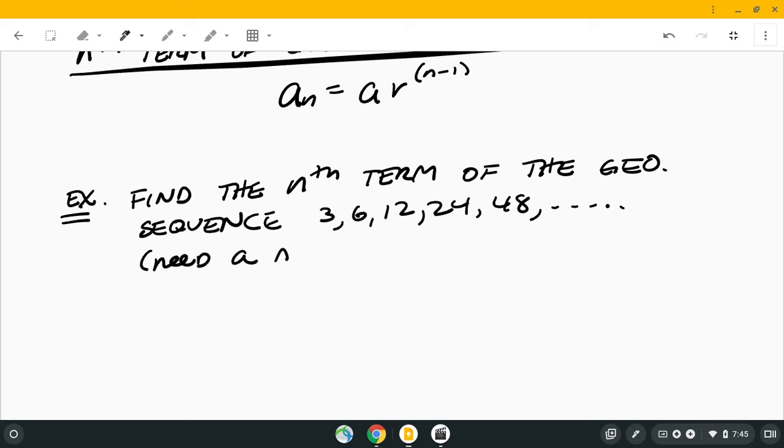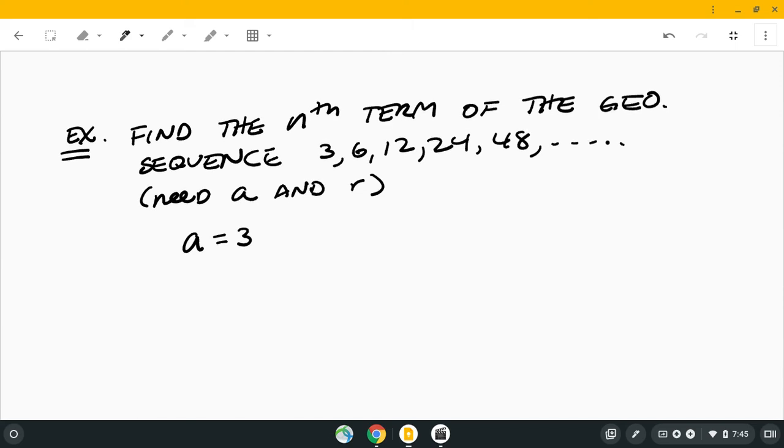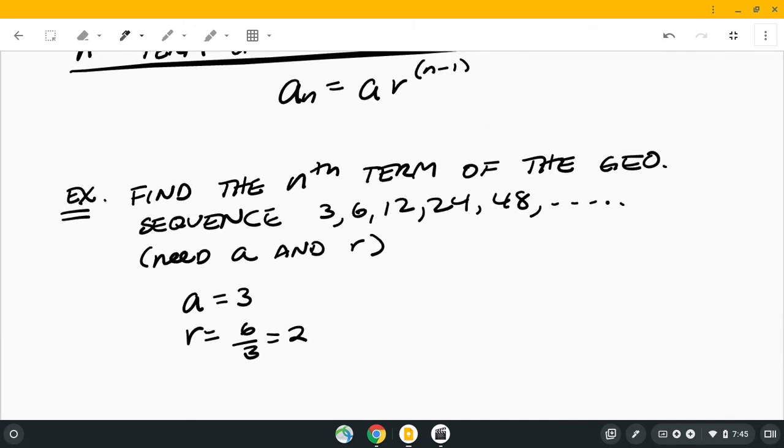Need A and R. So what do we know? We know A is 3. R I can find. R is 6 divided by 3, which is 2. So if I have those 2 pieces of information, then I can write my nth term.